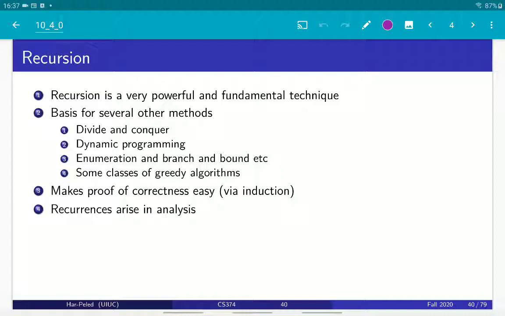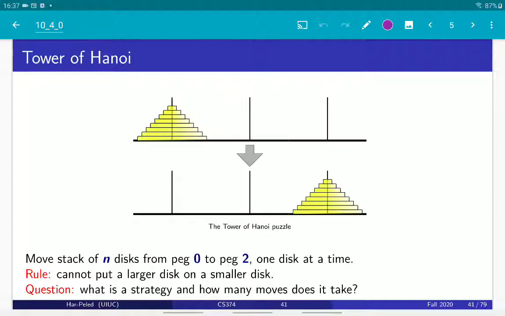Okay. So let me give you one of the classical examples of a recursive algorithm. You must have heard of it before. This is the Towers of Hanoi. So the story goes that there is some temple in Hanoi, where monks have those discs.